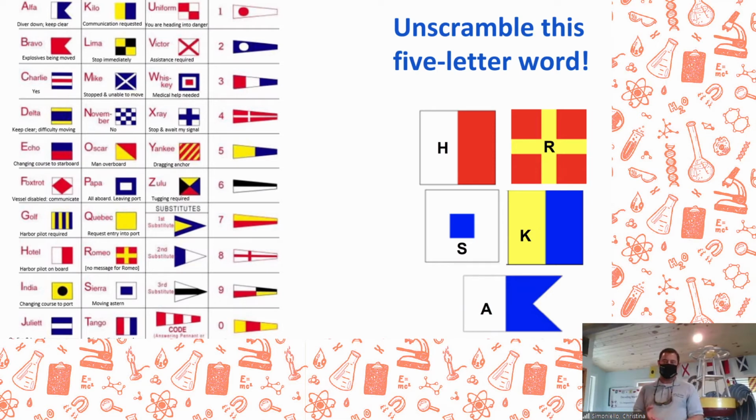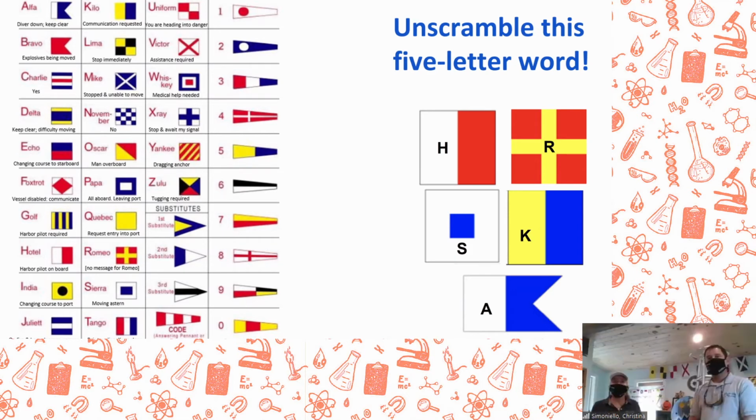With the exception of Alpha, only the numbers have that triangular shape to their flag. They want the flags to be very distinctive from one another, so that one flag doesn't look like any of the others, so that it can't be confused when they're trying to get those messages across.